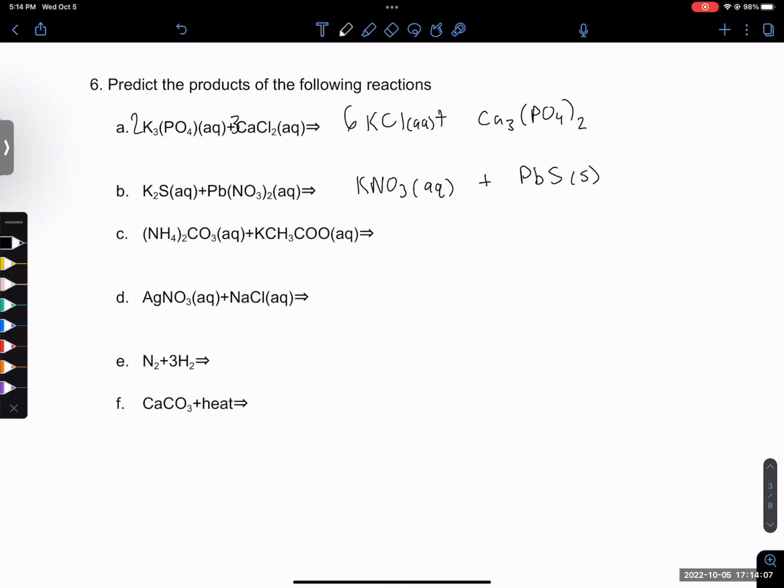Calcium is a group 2, and phosphates are only soluble with group 1 or ammonium. So it's a solid. There we go. She said phosphates are generally insoluble. The only exceptions would be group 1 elements and ammonium. Okay.